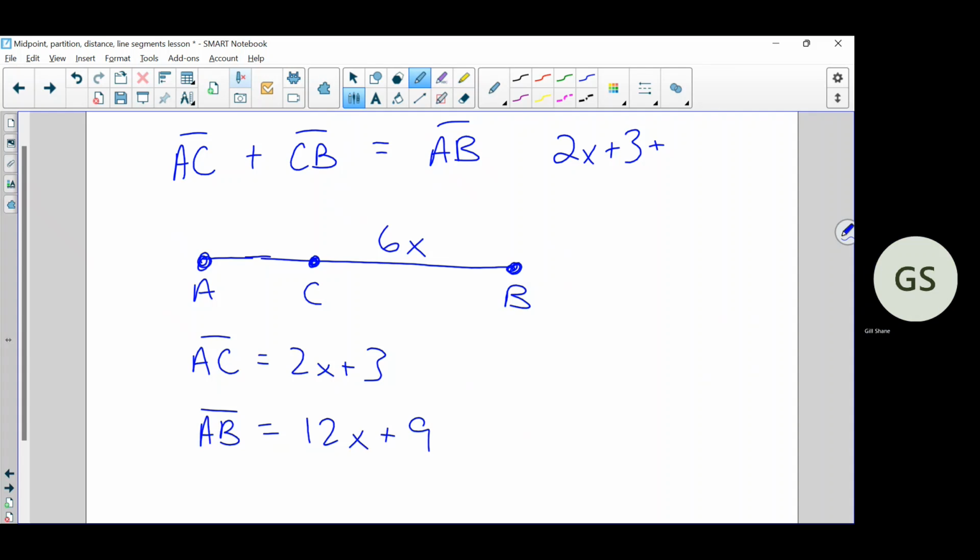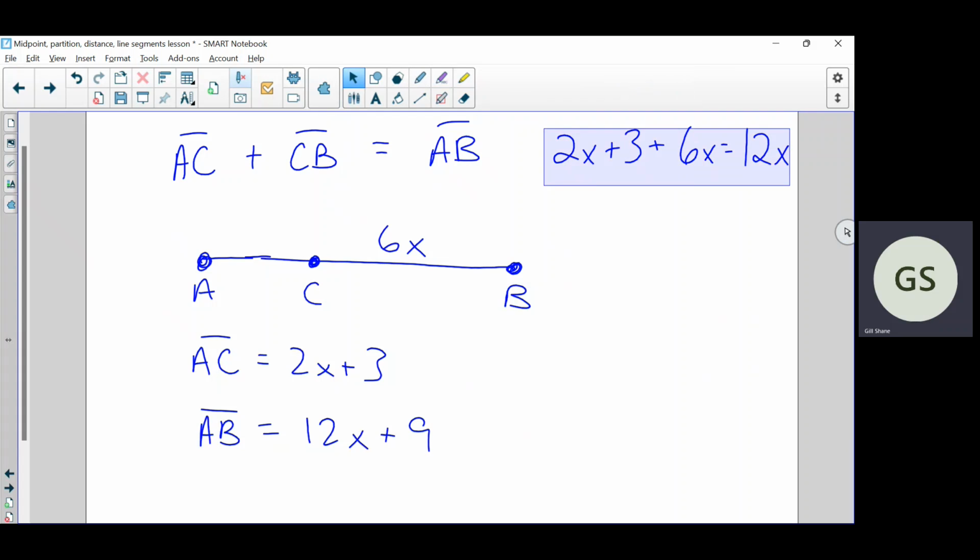Corinne. I replace it with what CB equals. That 6x is referring to from C to B. And then finally, that's going to equal, Ernesto, what AB equals, because AB is 12x plus 9.